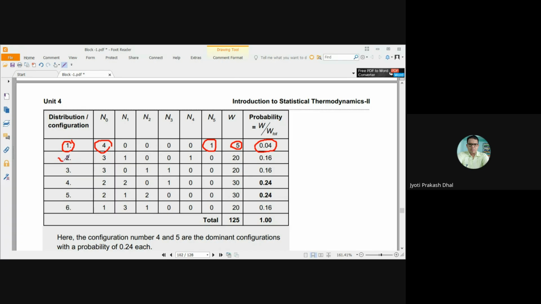Similarly, for the second configuration, we put 3 molecules at the 0 energy level. Here N0 means the 0 energy level, N1 means the epsilon energy level, N2 means the 2 epsilon energy level, N3 means 3 epsilon, N4 means 4 epsilon, N5 means 5 epsilon.